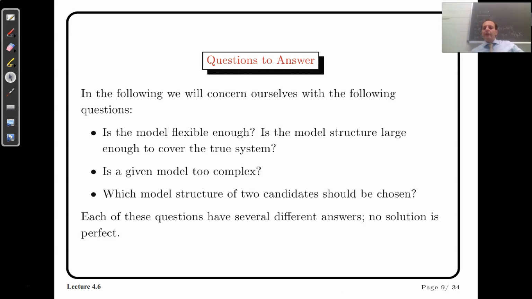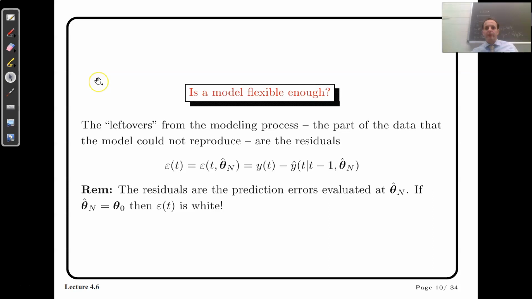When we have, for example, 2 or more candidates, which model structure should be used? There are several different answers to these questions, and no solution is perfect. It depends on your experience, which is very important. So let's see these issues.